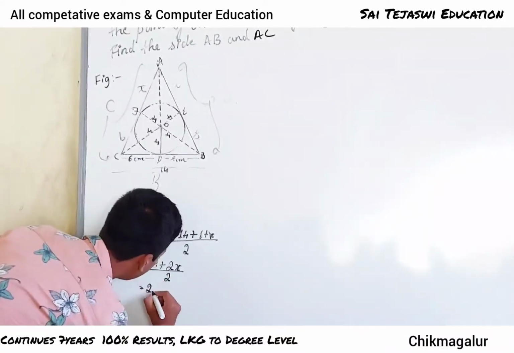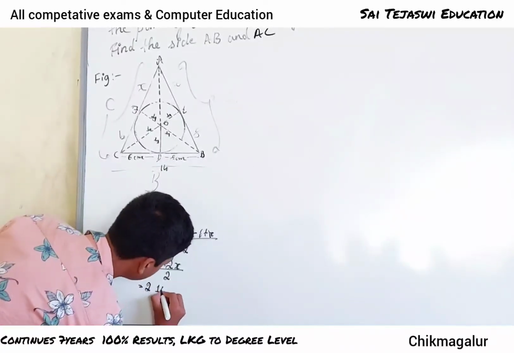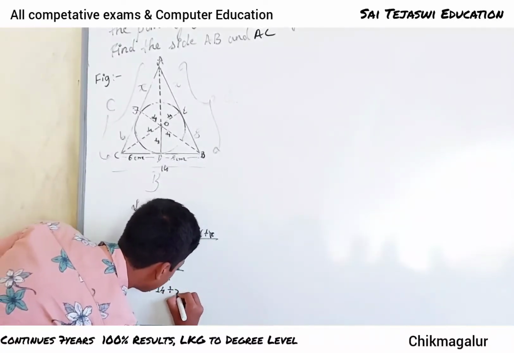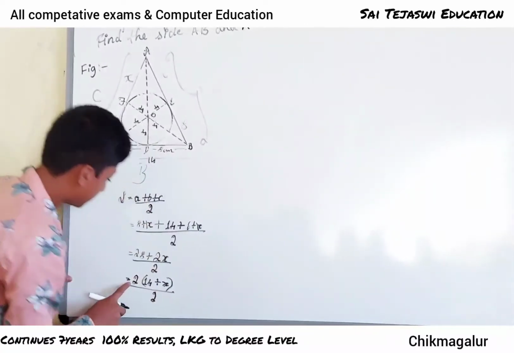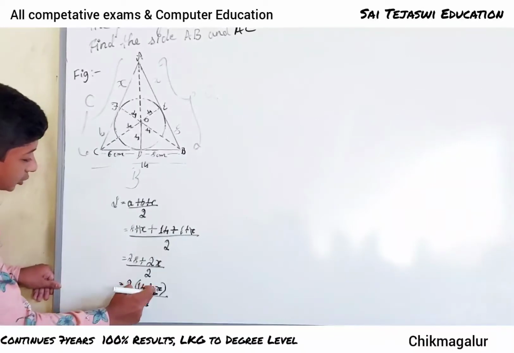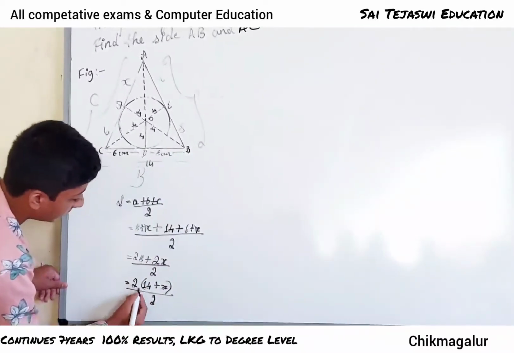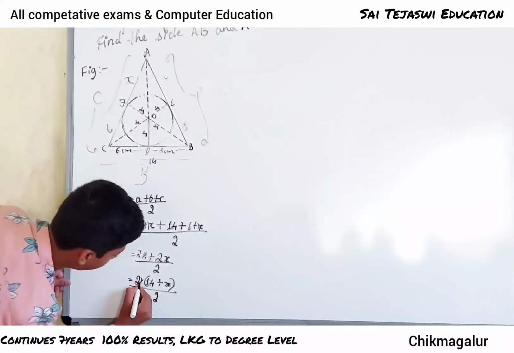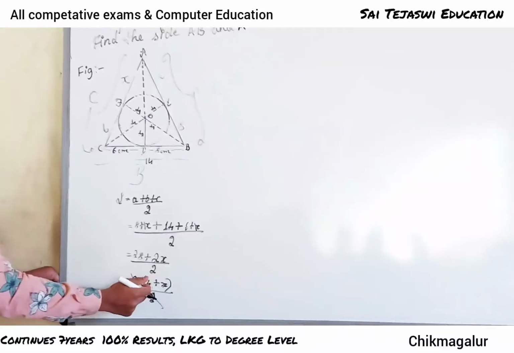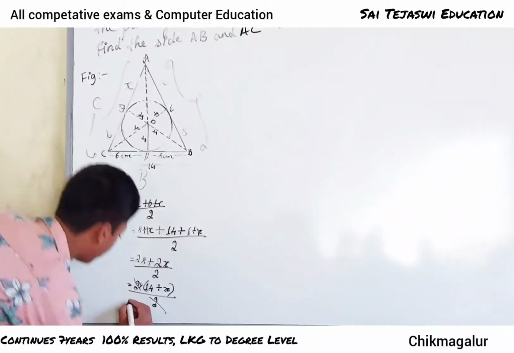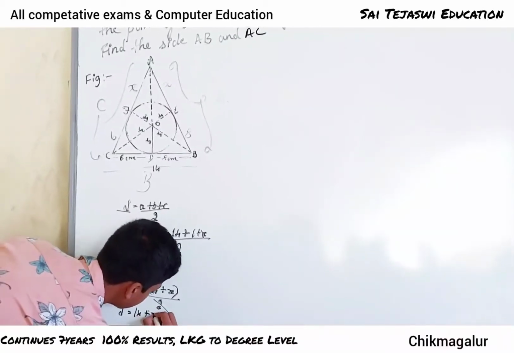Then the remaining is 14 plus x, divided by 2. 2 times 14 is 28, plus 2 times x is 2x, divided by 2. In numerator and denominator it is multiplying, so we can cancel. The remaining is 14 plus x. We got the value of the semi-perimeter, which is 14 plus x.